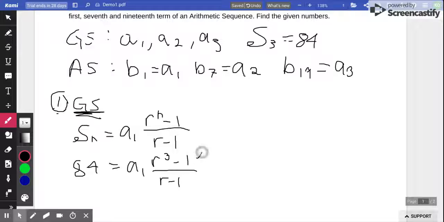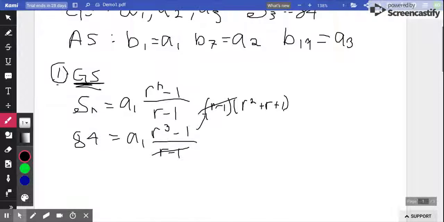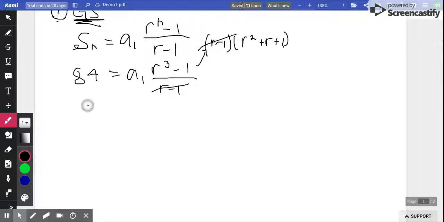We've broken this down before into r minus 1 times r squared plus r plus 1. So this r minus 1 cancels out, which gives us the same format as we've seen before, which is 84 equals a1 times r squared plus r plus 1.